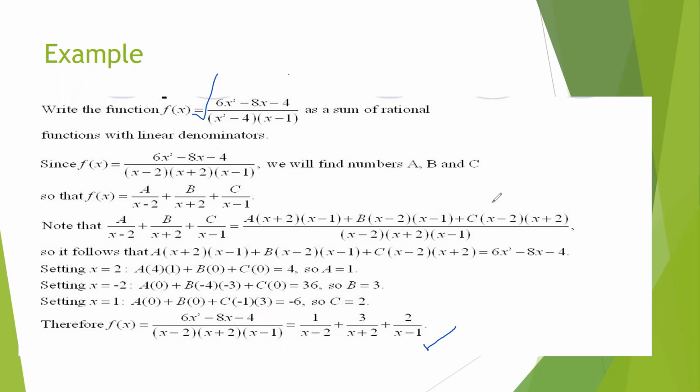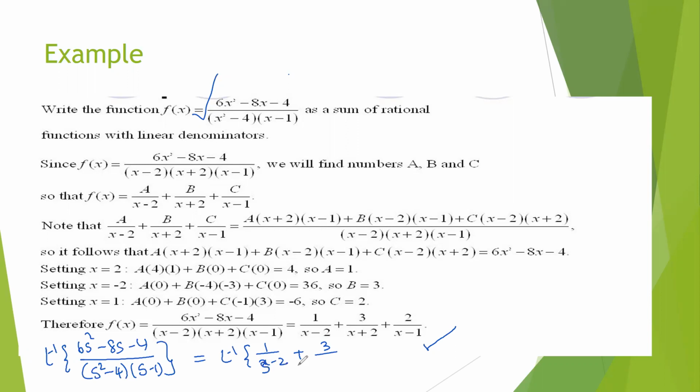To find the inverse Laplace transformation of 6s square minus 8s minus 4 divided by s square minus 4 into s minus 1, it equals the inverse Laplace transformation of 1 by s minus 2 plus 3 divided by s plus 2 plus 2 divided by s minus 1, which is nothing but e power 2t plus 3 into e power minus 2t plus 2 into e power t. That is the required answer.